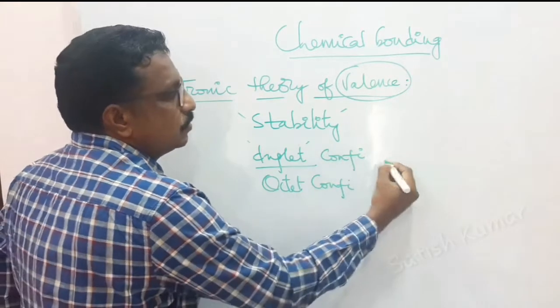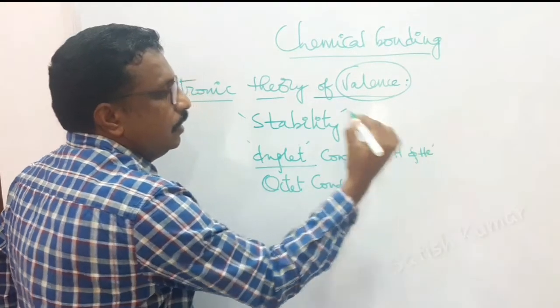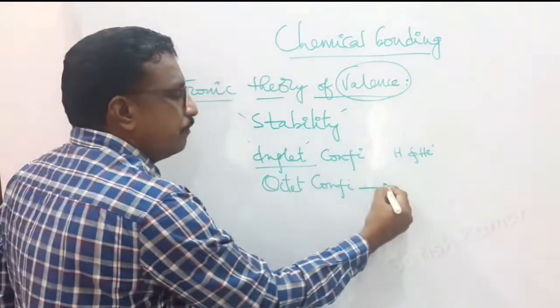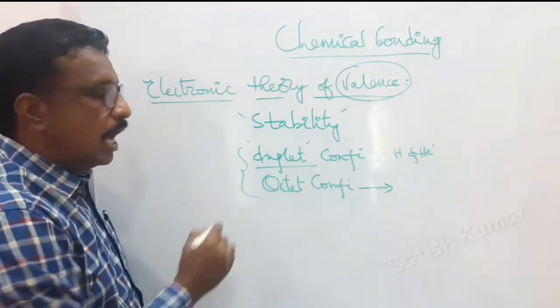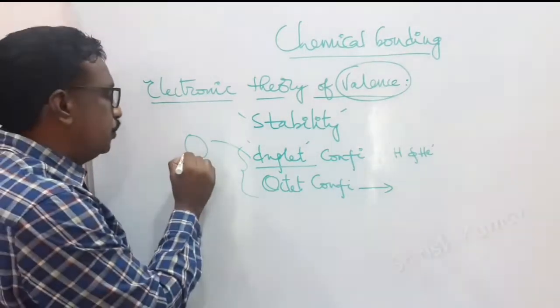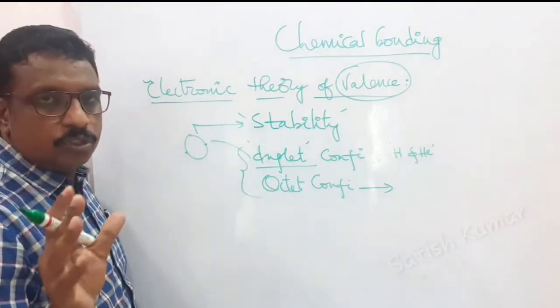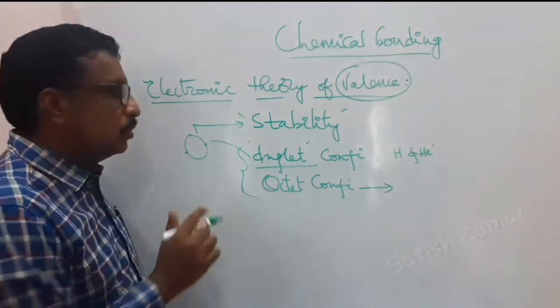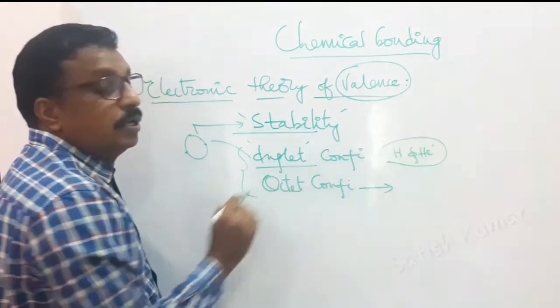This duplet is only for hydrogen and helium, and octet for the remaining atoms. So what does duplet mean? The outermost shell should have 2 electrons so that it is stable. This is possible only for these two.